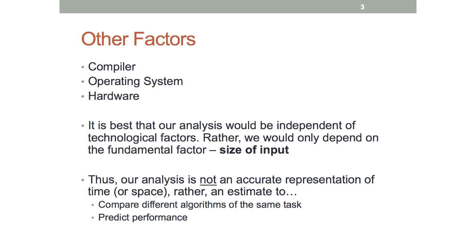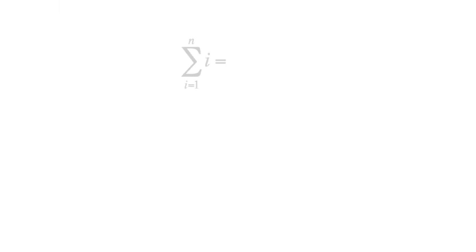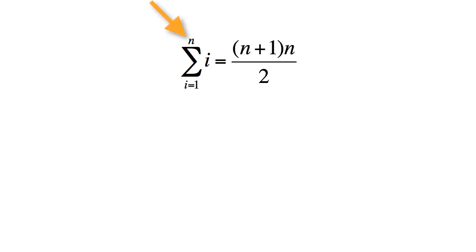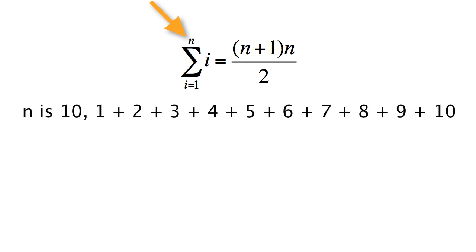For example, consider the task of getting the sum of the numbers from 1 to n. We have two ways to solve this, by getting the summation of i from 1 to n or using the shortcut quantity of n plus 1 times n all over 2. For the summation, the number of times we use addition is dependent on n, meaning if n is 10, we add 9 times.